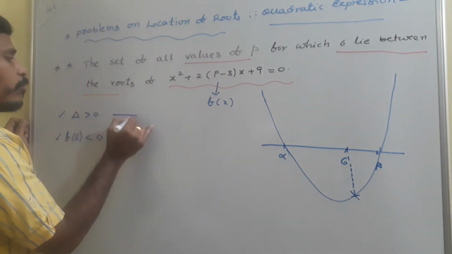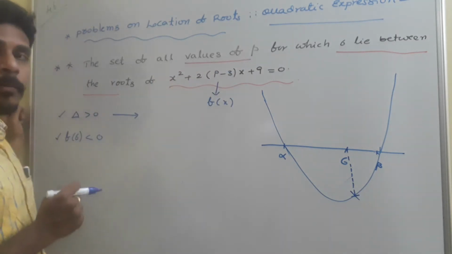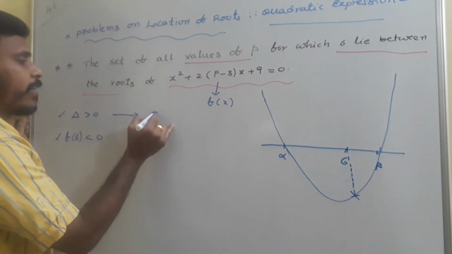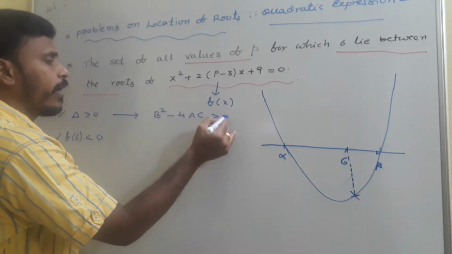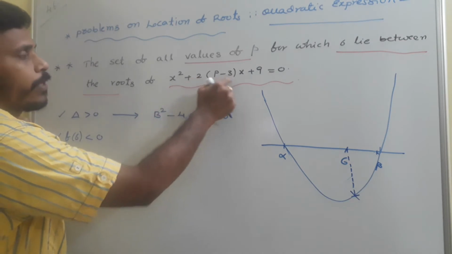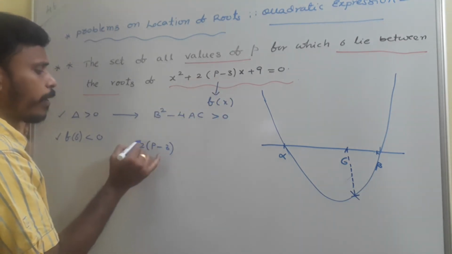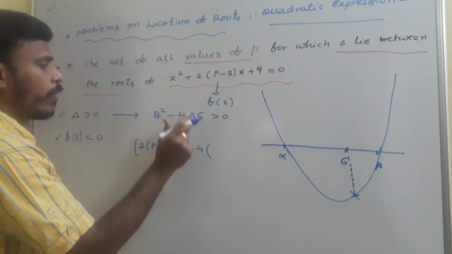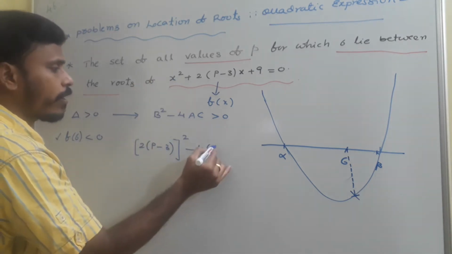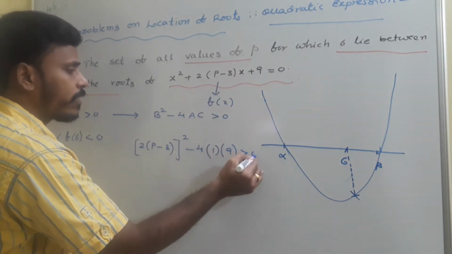First of all, think about the discriminant of this expression. So b square minus 4ac should be greater than 0 because it has 2 roots. What is b square? The coefficient of x is 2 into p minus 3, whole square, minus 4 into a, the coefficient of x square, which is 1, and c is the constant 9, greater than 0.